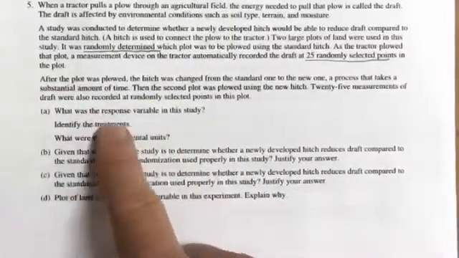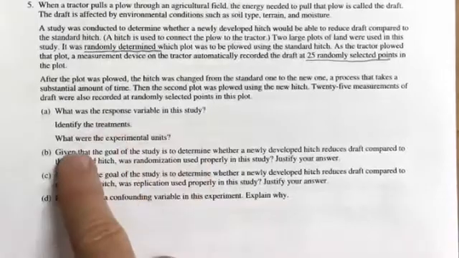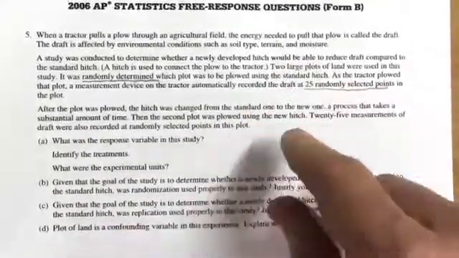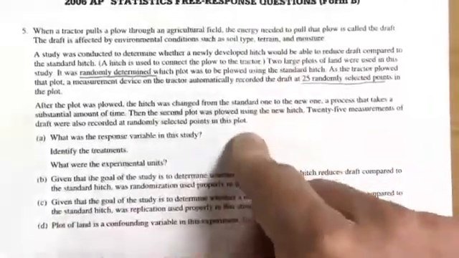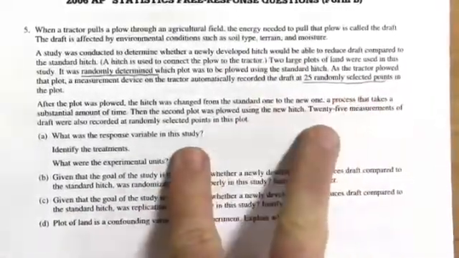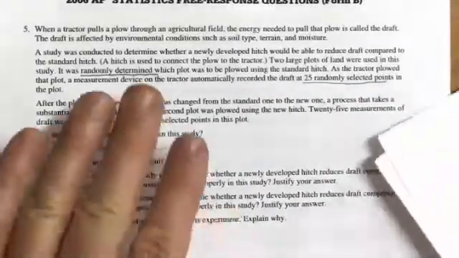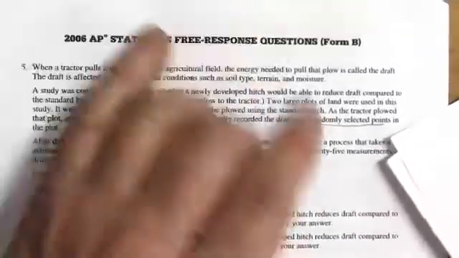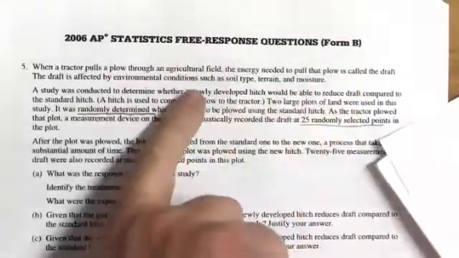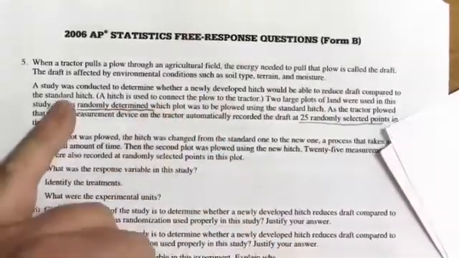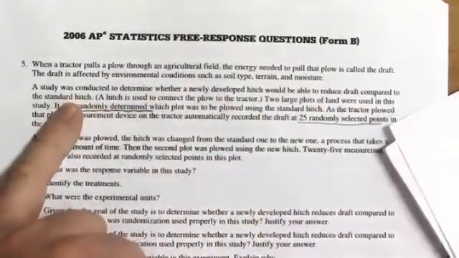What was the response variable? Identify the treatments and the experimental unit. So this is a weird experiment that deals with hitches and plows and these two plots. So, a bit of terminology. We want to see if this new hitch is better than the standard hitch, and how are we judging that?